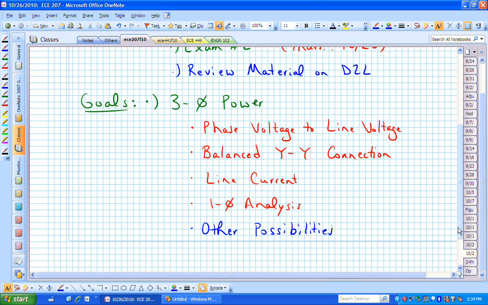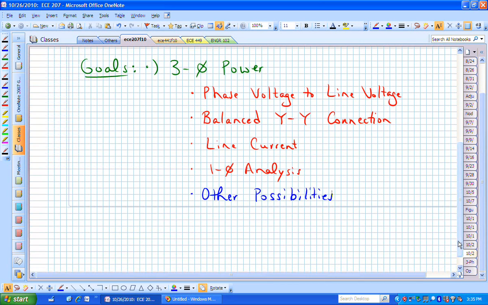Not that they will all be 0, minus 120, and plus 120 all the time. They would be if you had a pure resistive load. If you have a load that's not purely resistive, the current could be different than the voltage phasor in terms of the angle of those phasors. Hopefully that's clear, and you need to know that for the exam.